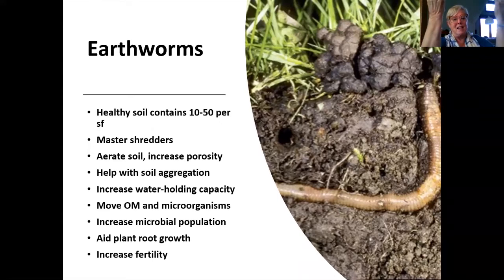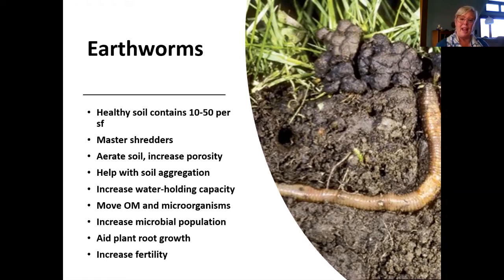They tend to take the organic matter that sits right on top of the soil and pull it down and break it up. So they provide aeration services, which increase the porosity of your soil. And they help with soil aggregation because they also exude slime on their body. If you've ever picked up a worm, you know they're slimy. And that gets left behind.